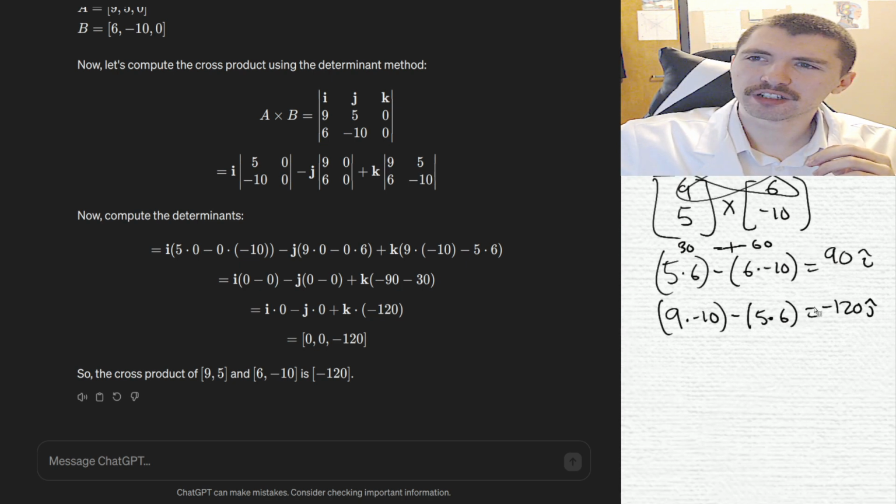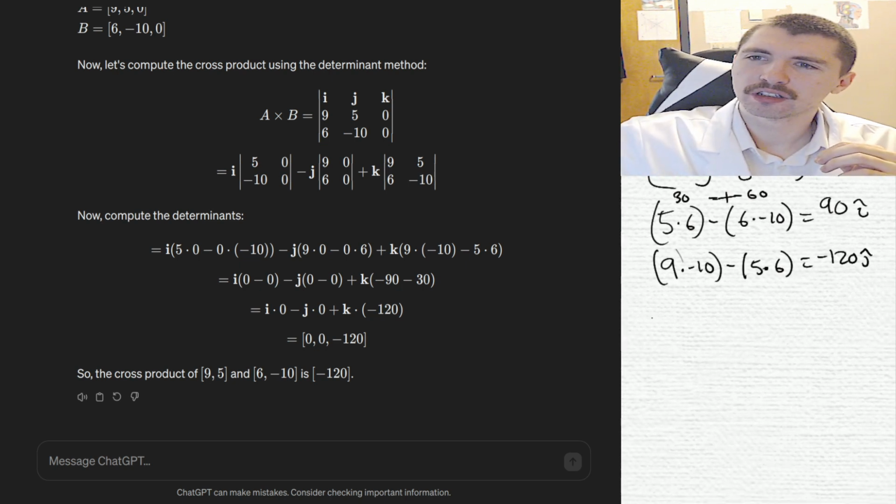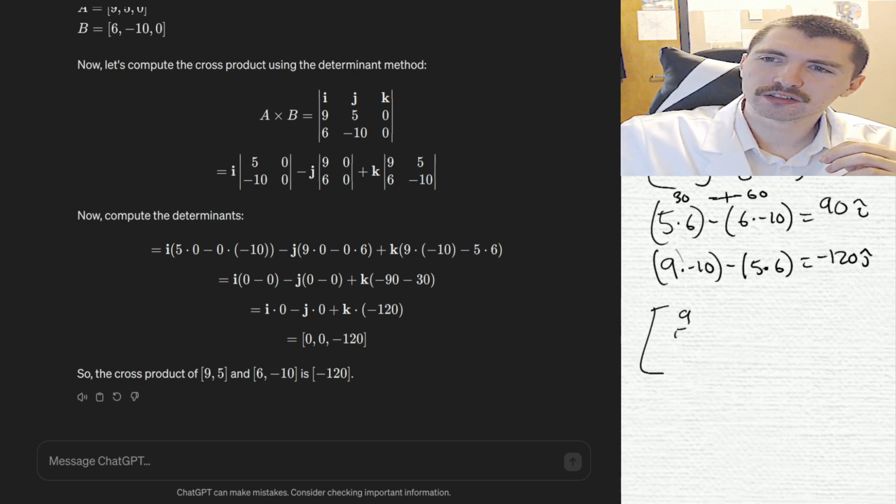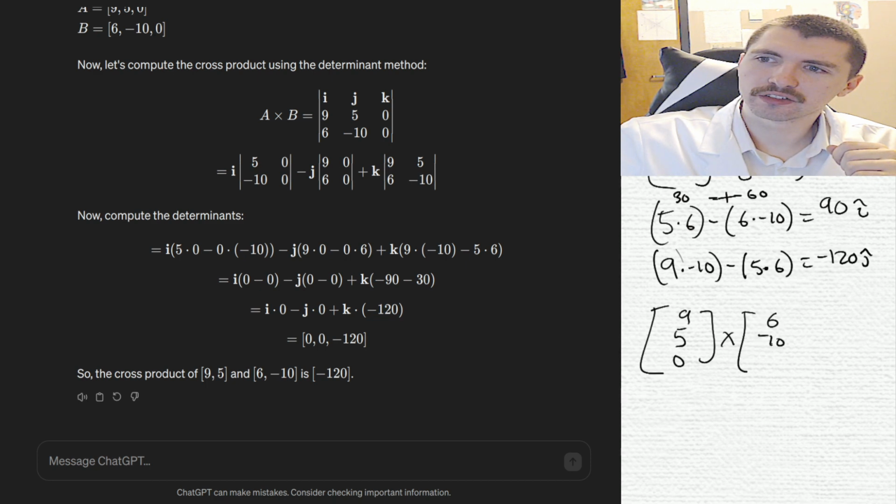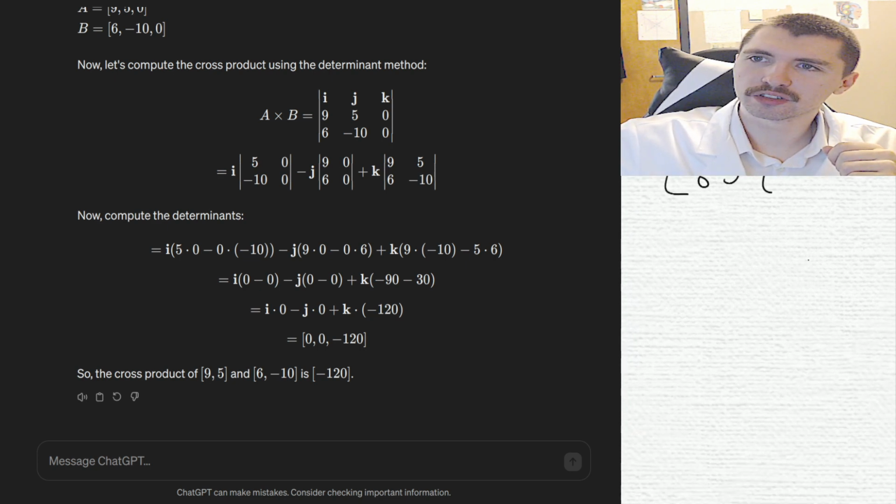So maybe I need to rewrite it. 9, 5, 0 cross 6, negative 10, 0.